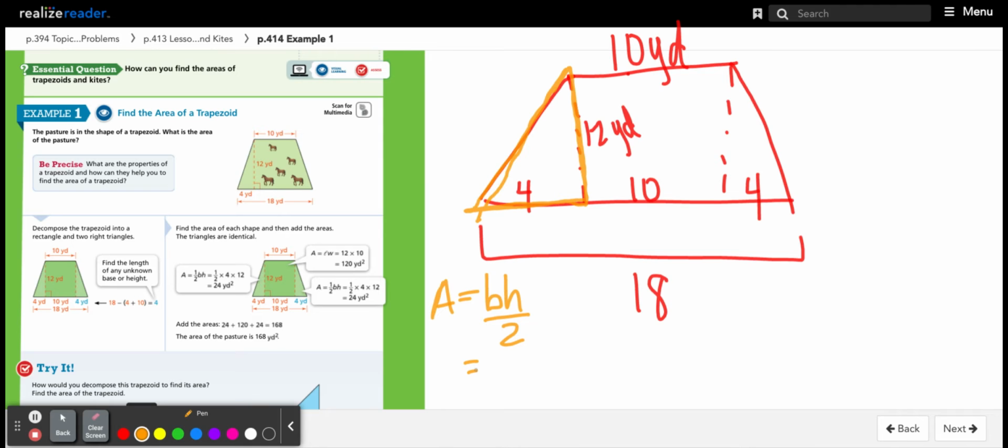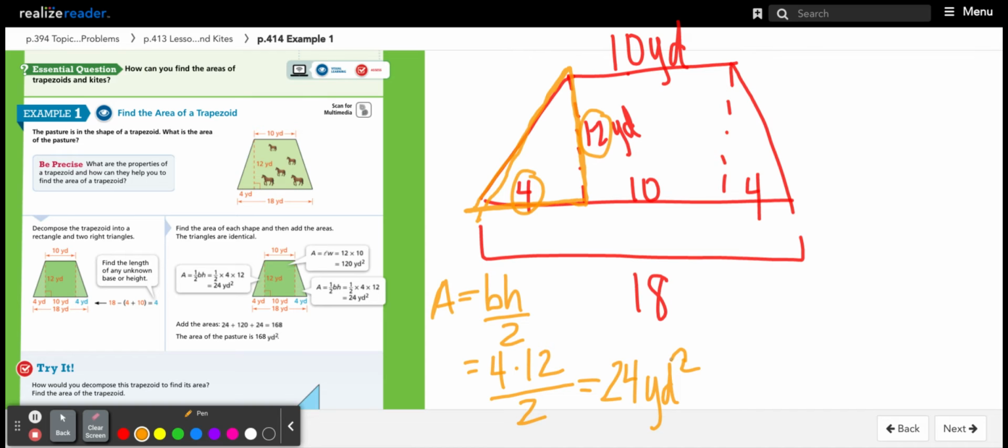We have a base of 4 times a height of 12, and we're going to have to divide that by 2. So our area is 24 yards squared. And you can put that into your calculator. 4 times 12 is 48, divided by 2 would be 24 square yards.